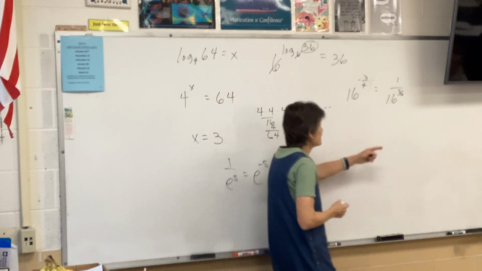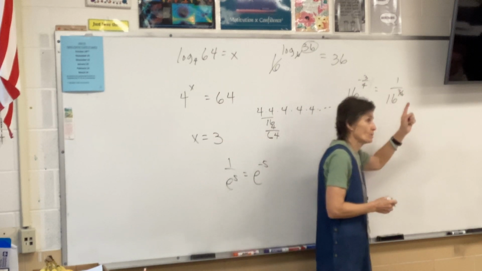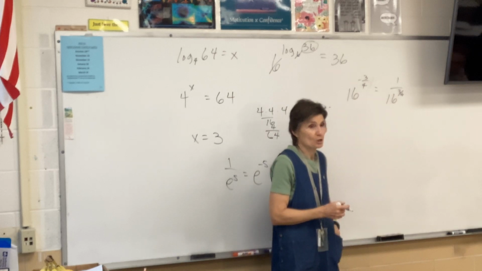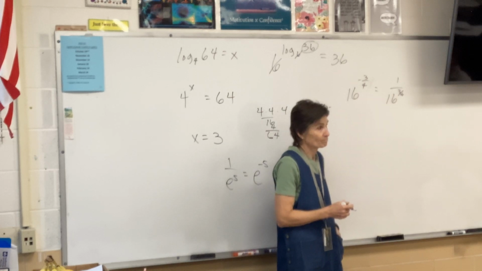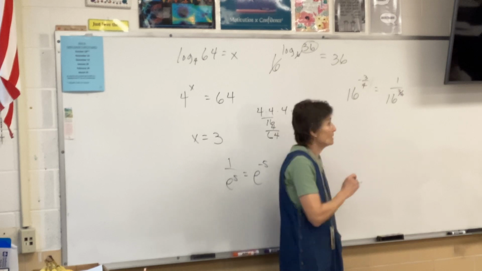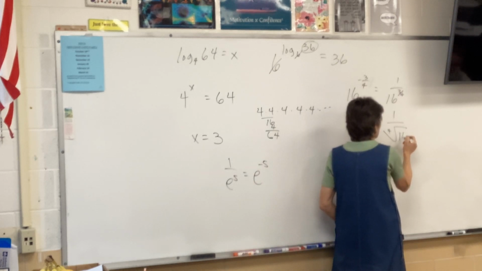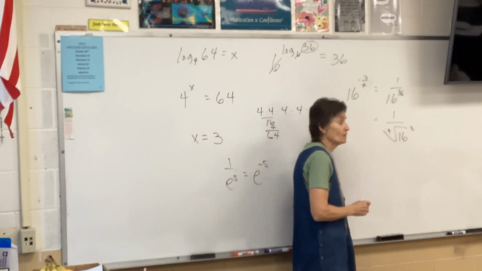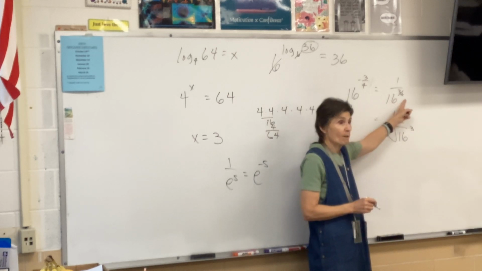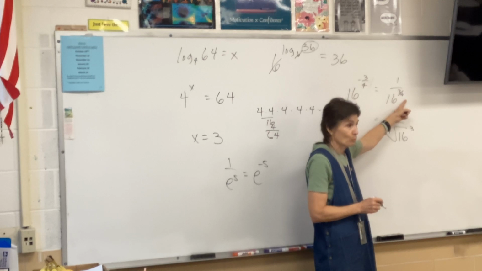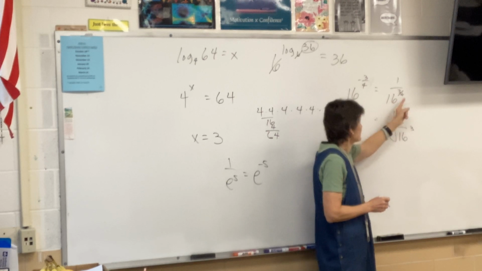All right. What does 16 to the negative 3/4 mean? What do fractional exponents mean? Radicals. So this means 1 over the 4th root of 16 cubed. Remember, in a fractional exponent, the denominator tells you the root, and the numerator tells you the power.